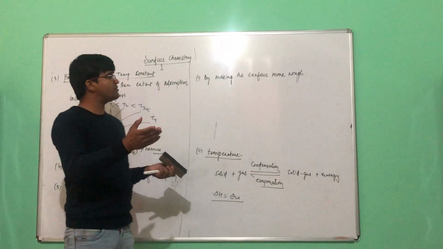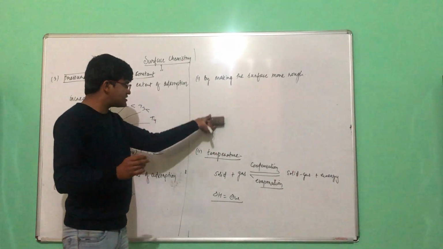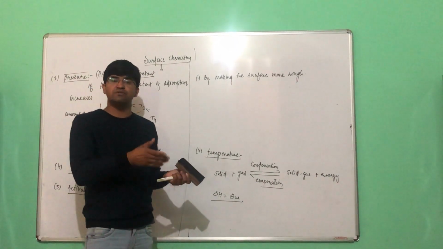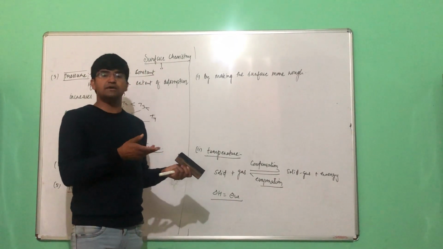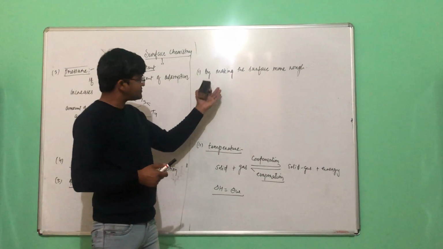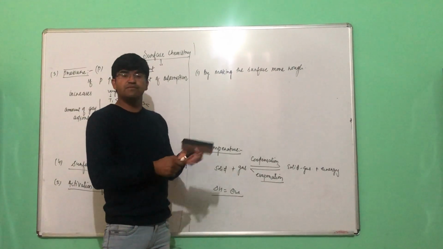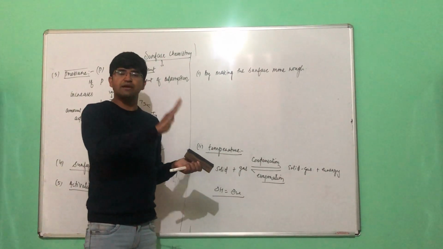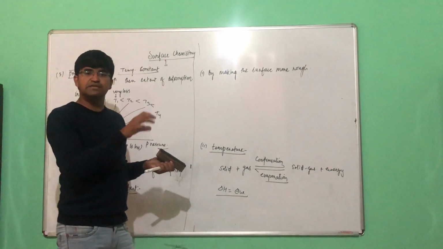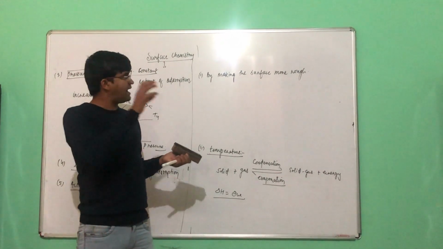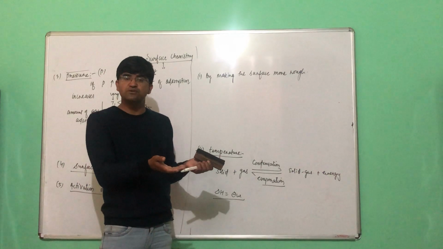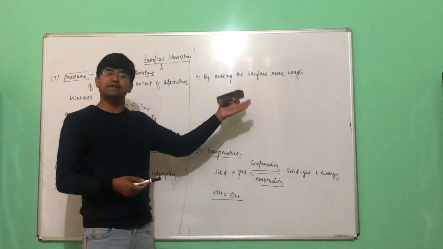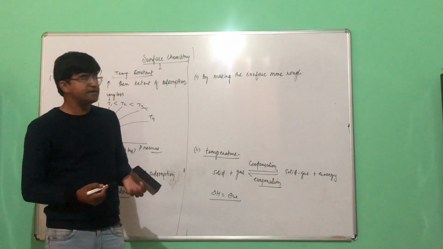Because when we use different paints on windows, almirahs and doors, we use sandpaper and rub off the paint that was initially on the surface, and after that the new paint solution is applied. So in that case, the extent of adsorption increases.